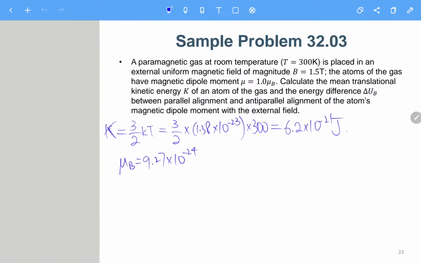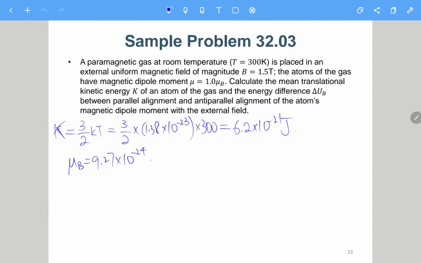The SI unit should be A m squared, because the dipole moment is mu equals n times IA. n doesn't have any SI unit, this is current, so ampere, and this is cross-section area, which is meter squared.